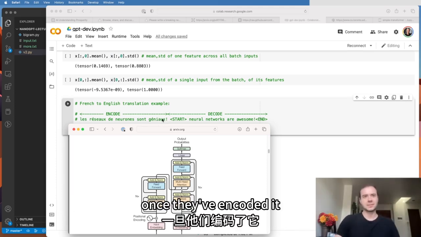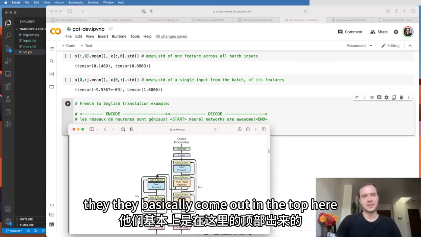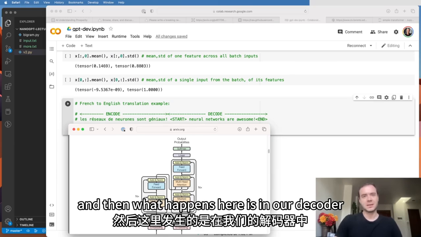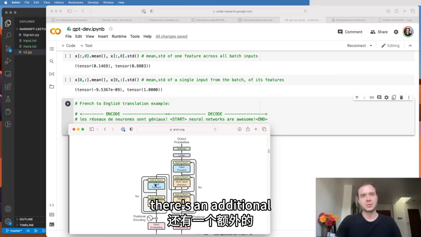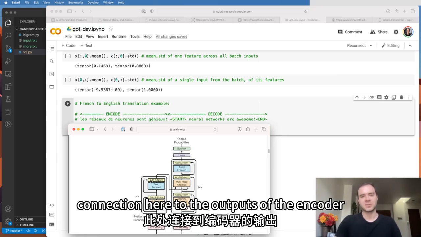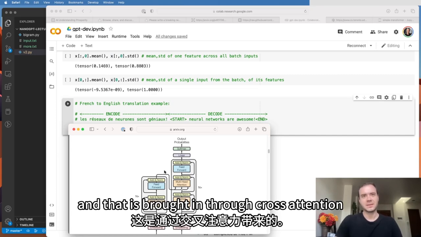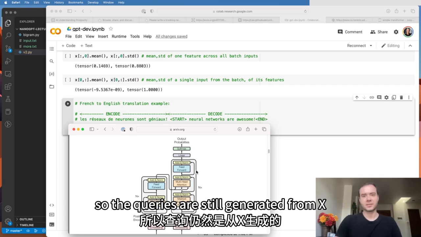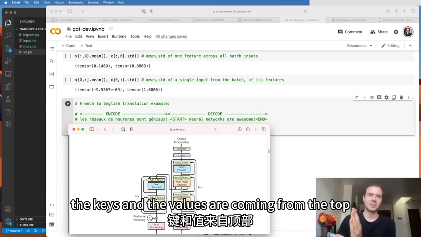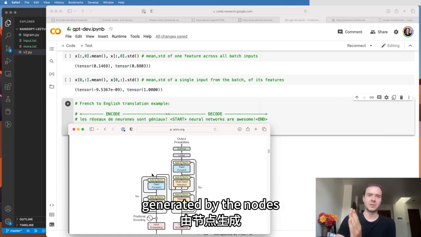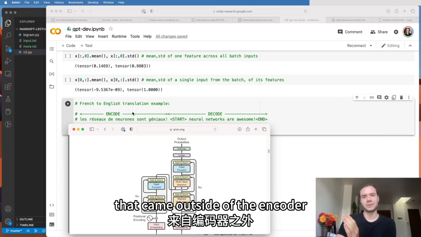Once they've encoded it, they come out at the top here. And then in our decoder, which does the language modeling, there's an additional connection to the outputs of the encoder, and that is brought in through cross-attention. So the queries are still generated from x, but now the keys and the values are coming from the side, from the top, generated by the nodes that came out of the encoder.